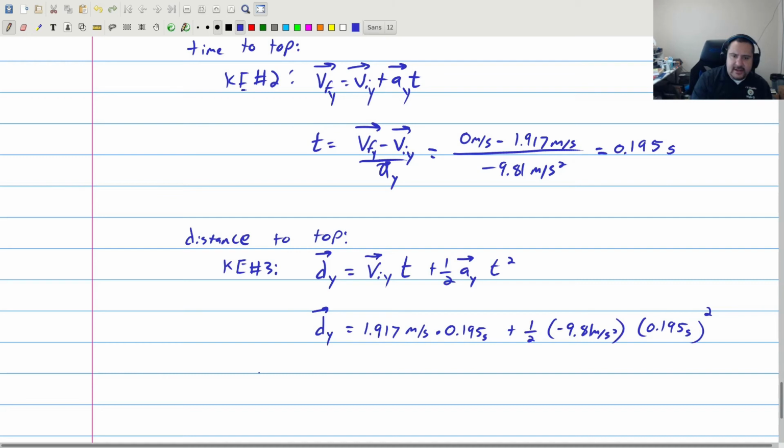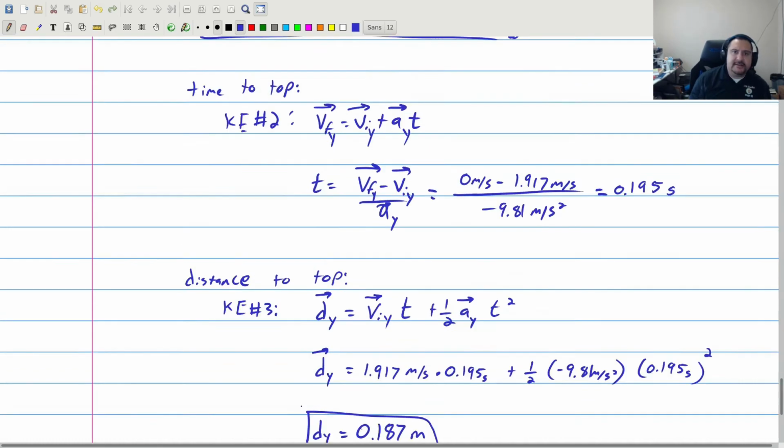For this, I get dy is equal to 0.187 meters.